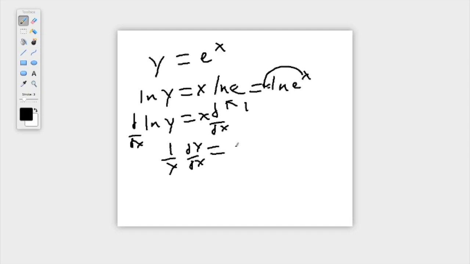And then this will just be 1, because taking the derivative of this would just be x to 1 minus 1, times 1. That would be 1 times x to 0, which is 1.